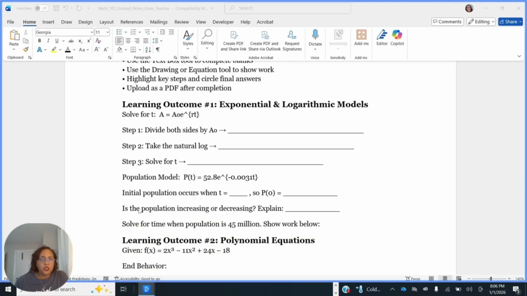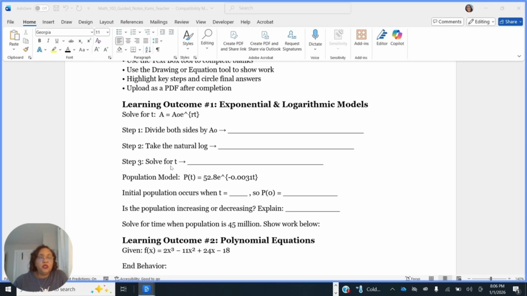Is the population increasing or decreasing? The population is actually decreasing. The p of 0 is just going to be the number that's in front, so the 52.8 here.